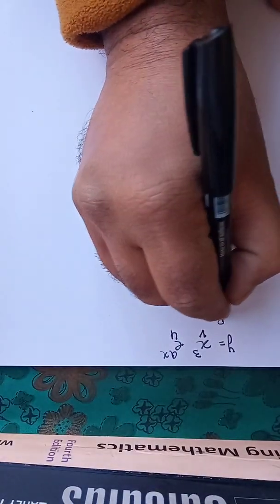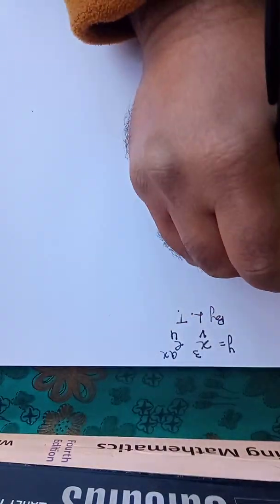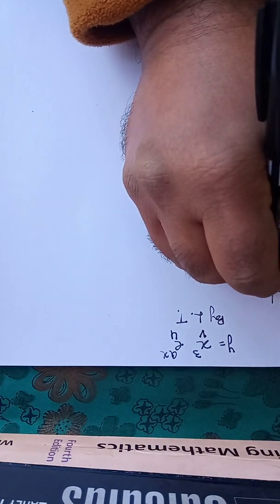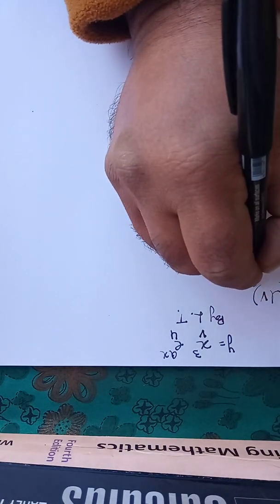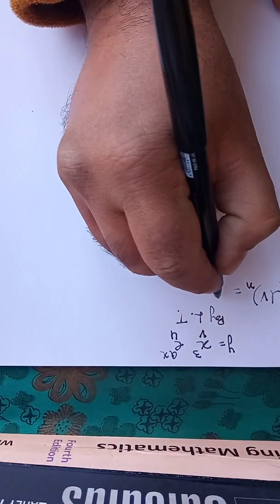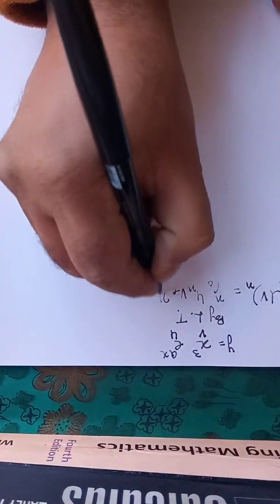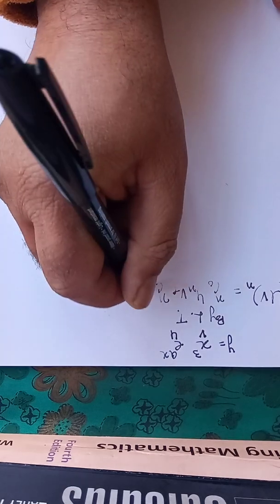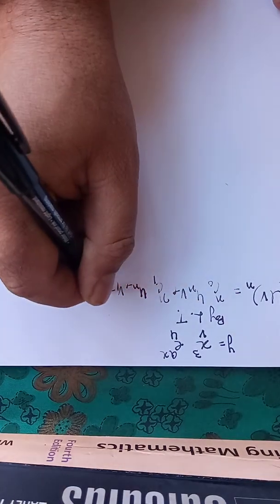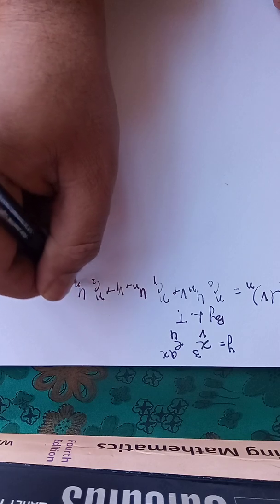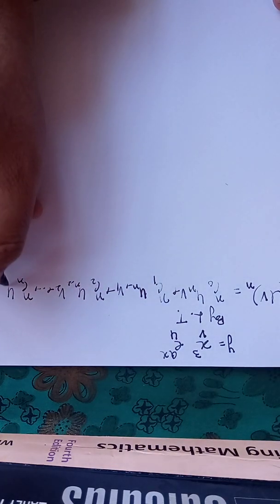I know by Leibniz theorem, the nth derivative of the product is nC0 unv plus nC1 u n minus 1 v1 plus nC2 u n minus 2 v2 plus so on up to nCn u vn.